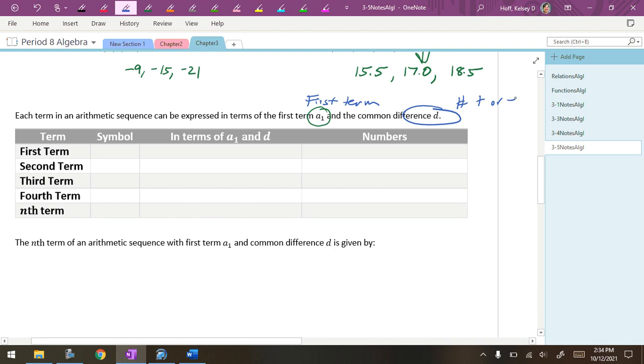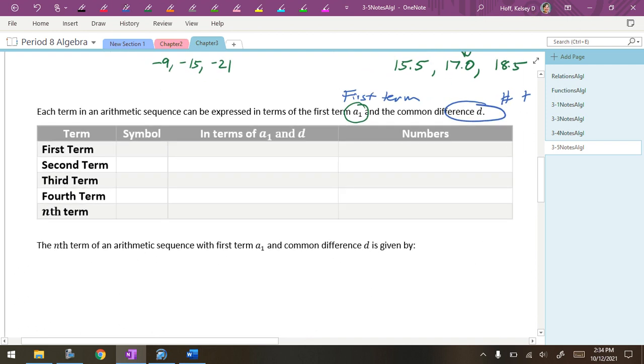Okay, we're going to fill this out. I'm going to give you a sequence. This is weird how we're going to fill this chart out. Go to the number side. We're going to say that our first number is 7. Okay, we write this as a symbol as A1.